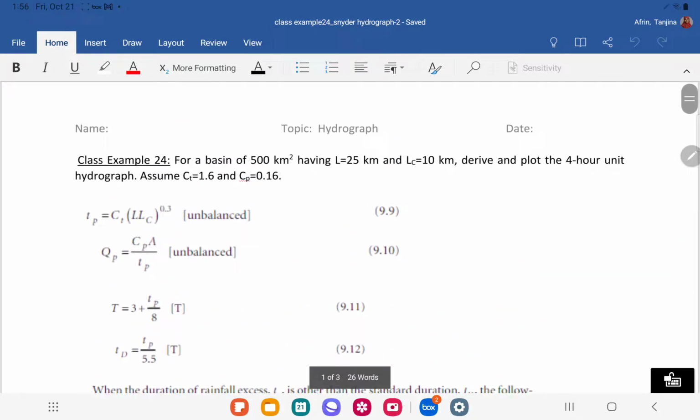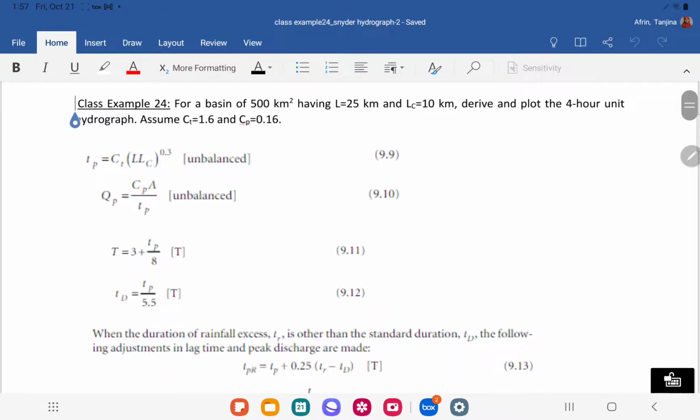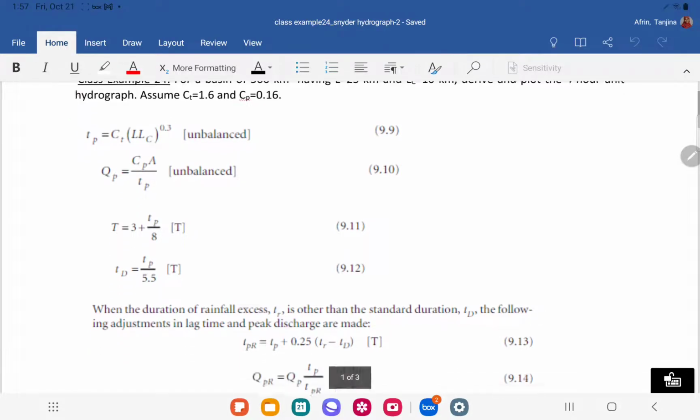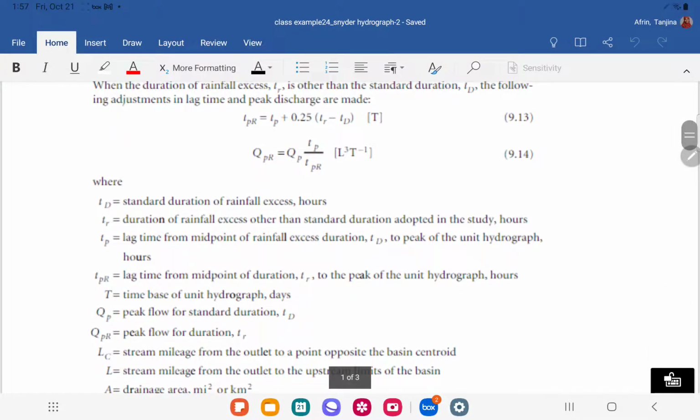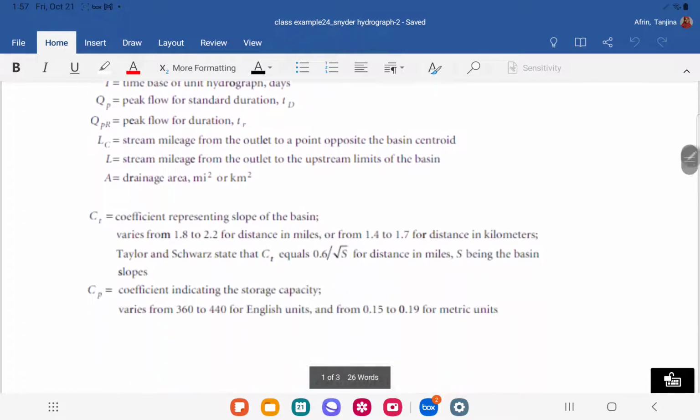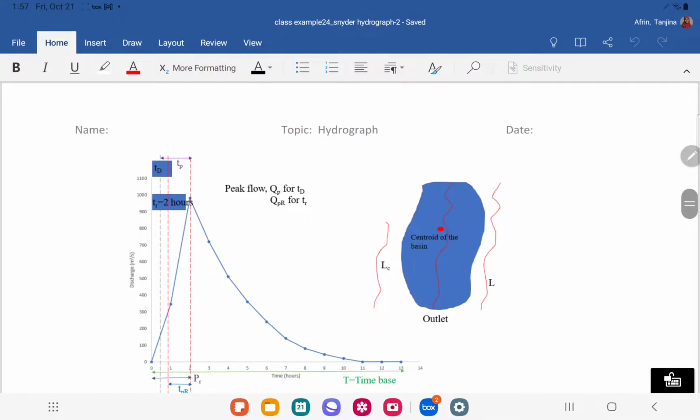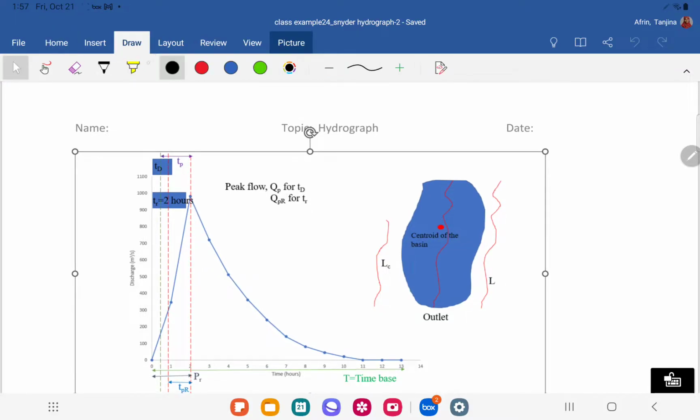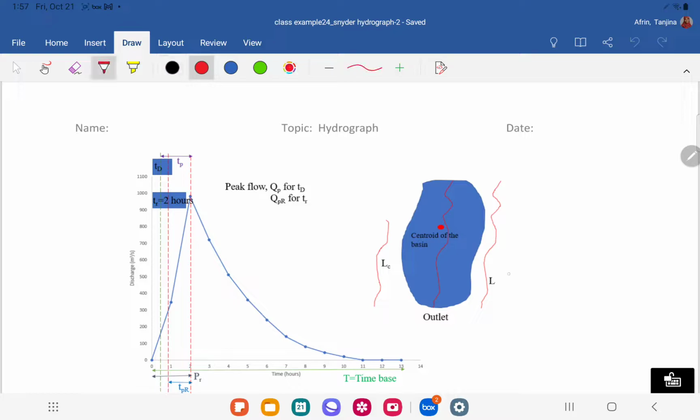Since there are a good number of equations we need to use here, I copied everything from your class lecture, and I will just write down what values are given and what we need to find out. The very first thing is to find L and LC. L is given, which is 25 kilometers, and LC is 10 kilometers, and the area of this watershed is 500 square kilometers.